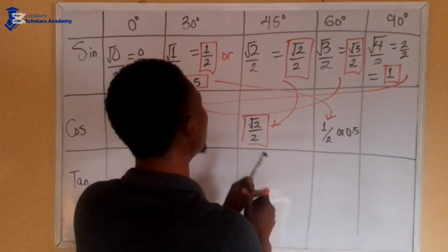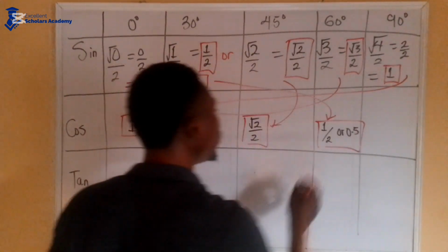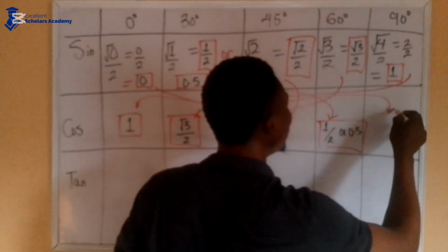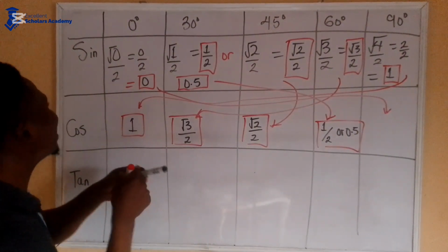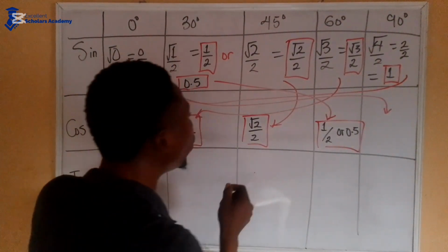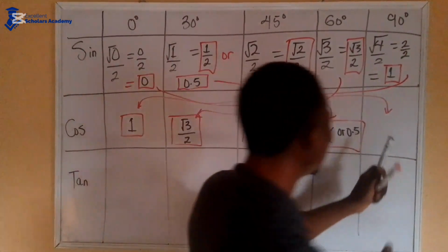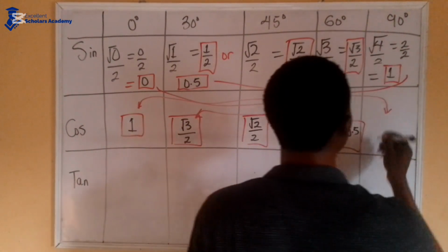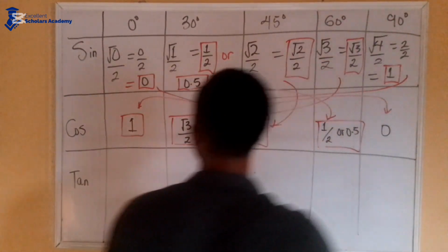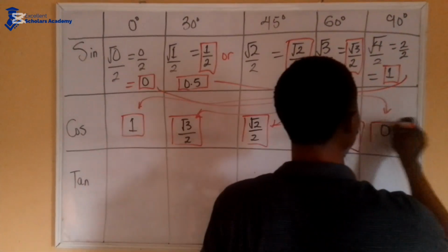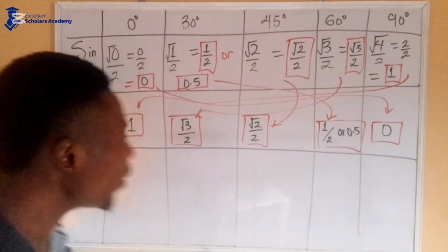Now let's reverse the last one. Sine 0 is 0, but cos 90, reversing it, is going to be 0. Cos 90 is 0. Now let's move on to tan.